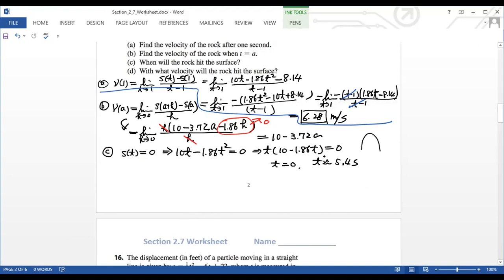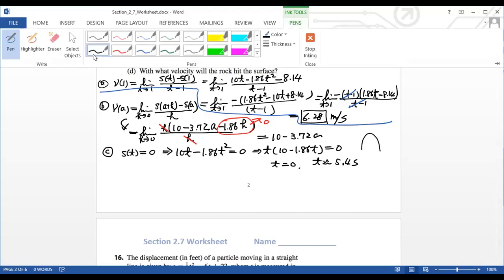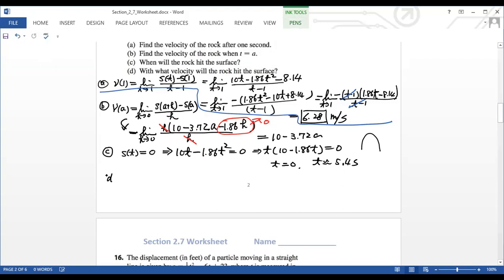Okay, and now they ask, what is the velocity when the rock hits the surface? So that means we are looking for the velocity at what time? 5.4 seconds, right? Now we already derived the general formula in part 2.